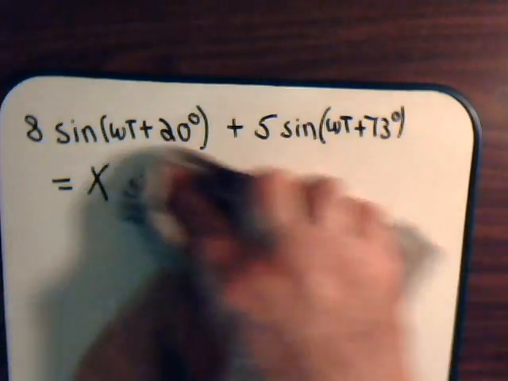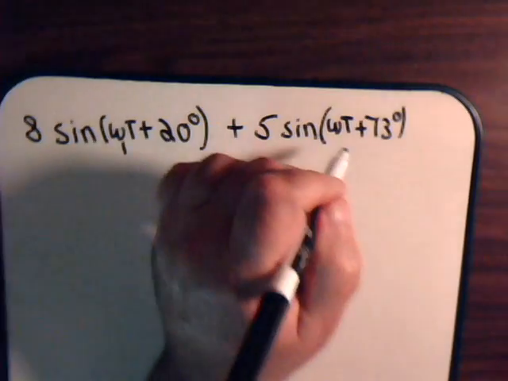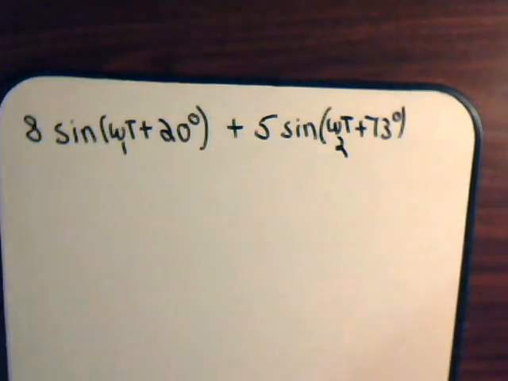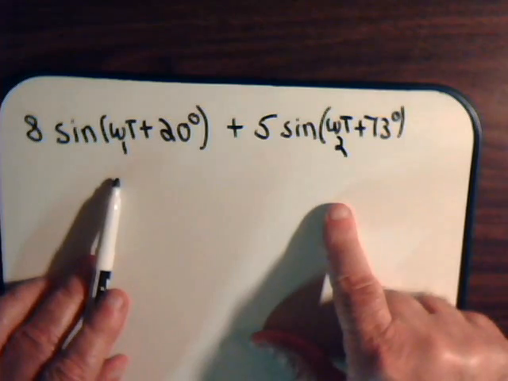Now, if they had different angular velocities, if this was omega 1 and this was omega 2, then the phasor representation and adding vectors together would not solve the problem. They have to be the same frequency.